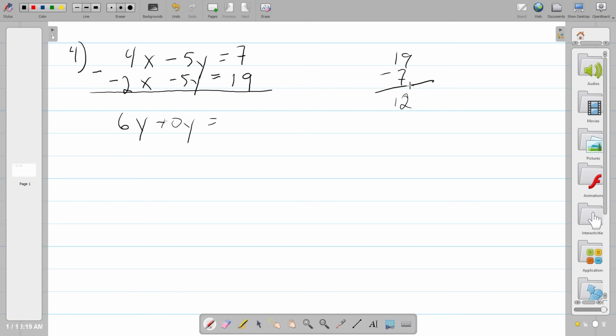Yes, 12. Oh, negative. Negative 12. And if I do anything wrong, laugh at me and let me know. Then we're going to divide by 6. We're going to divide by 6. And we have y equals negative.